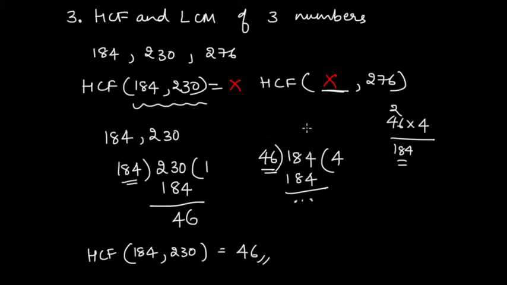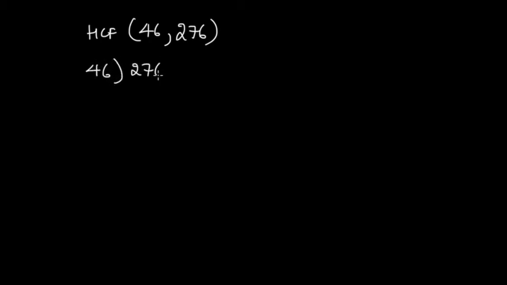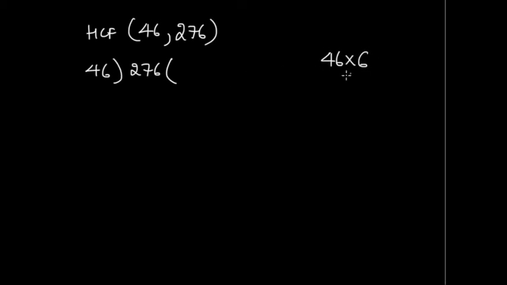And now we have to do HCF of 46 and 276. So the same method, let's do Euclid's division. 276. Looks like we can directly divide this, so let's do 46 times 6, which is 276. Perfect.